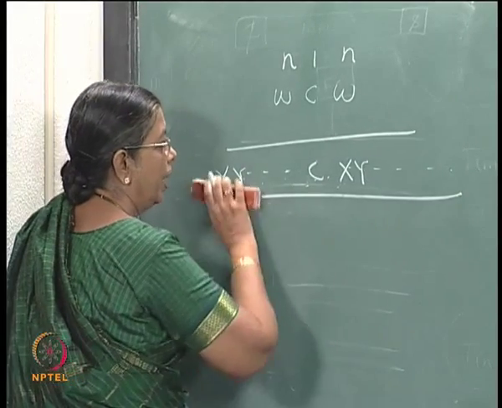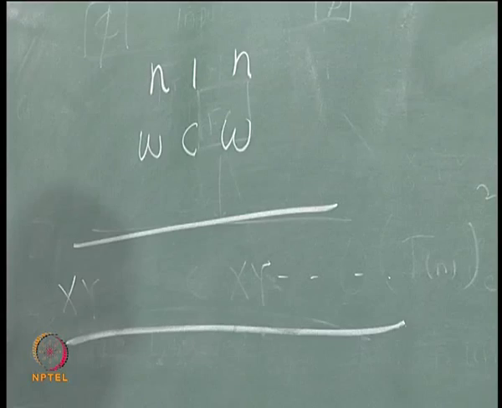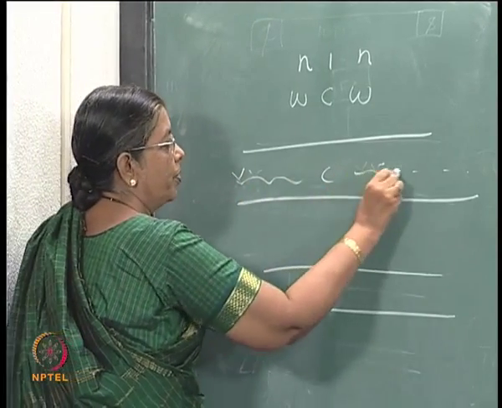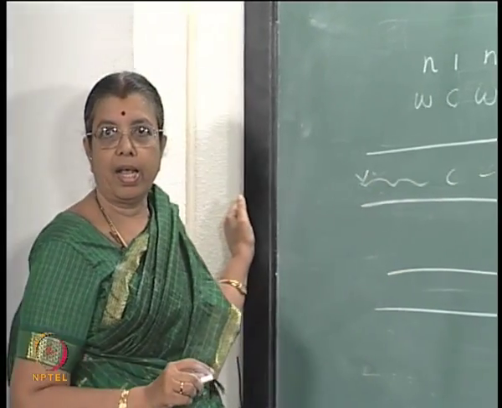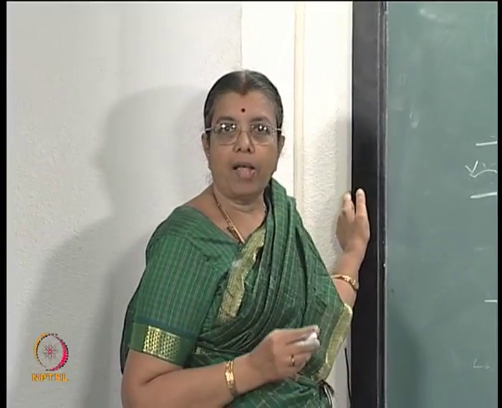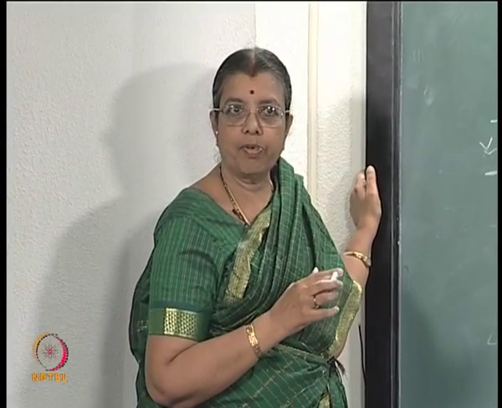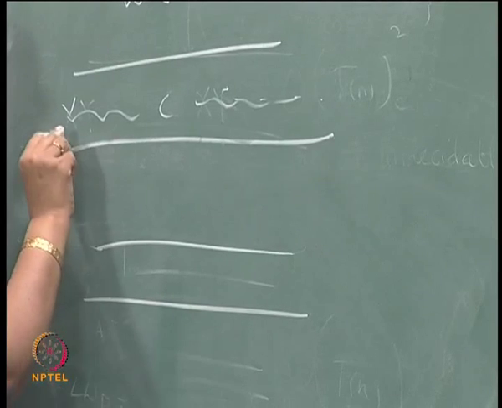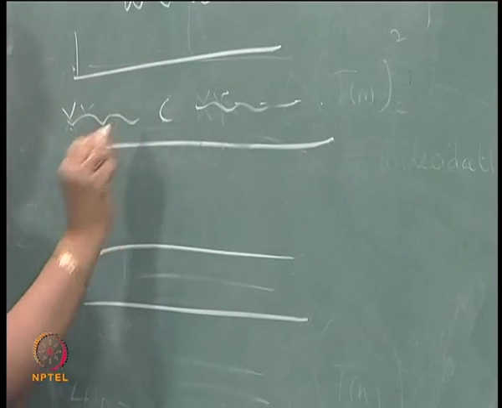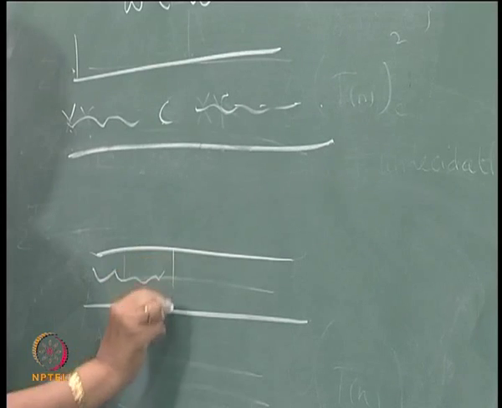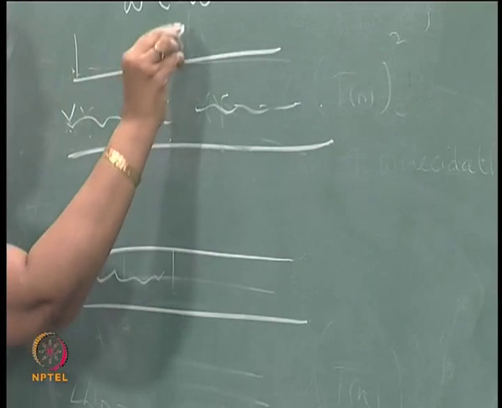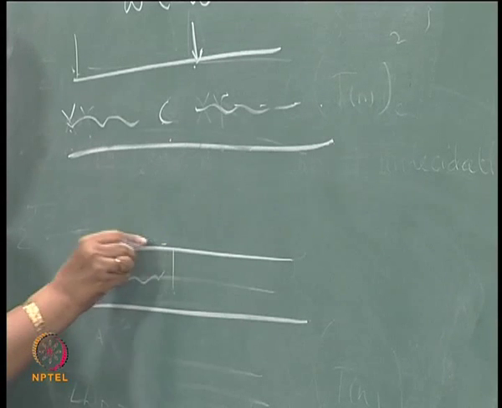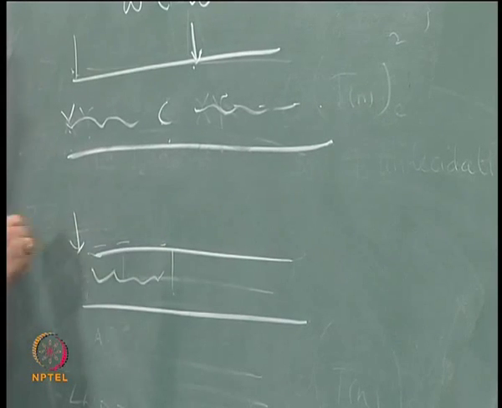Whereas, if you use a 2 tape Turing machine, I have another tape also, and WCW is given here. I want to check whether the first portion before C is the same as the second portion. In the second tape, I start from here and copy this W here. When I see the C, this pointer goes here, but this pointer will be moved here.